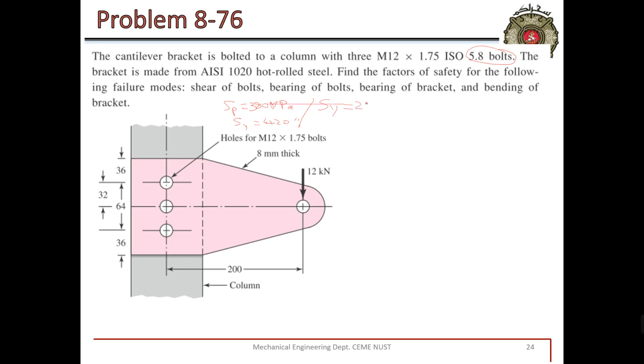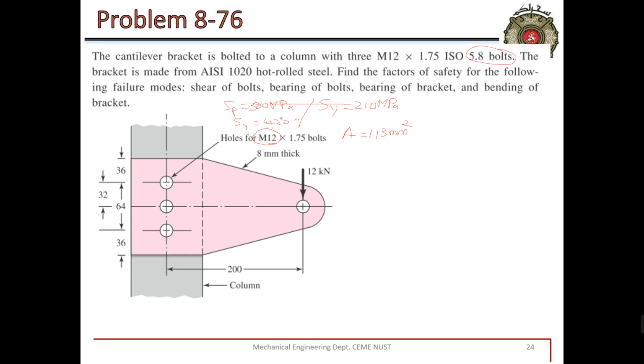It comes out to be 220 MPa. So we have the values of strengths. What is the area of the bolt? We have an M12, 12 millimeter bolt, so we can calculate the area of the bolt, pi by 4 times 12 square, which gives us a value of 113 mm square. This is the area of the bolt.